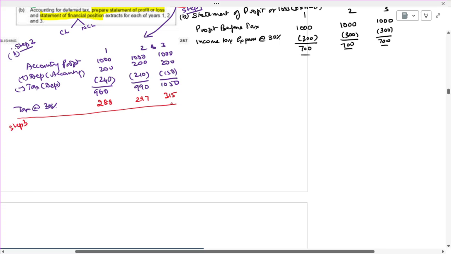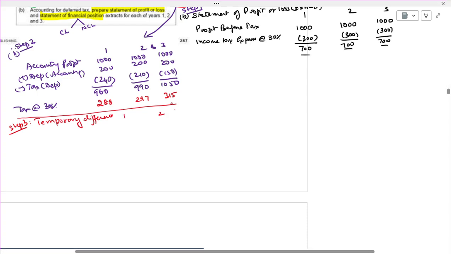Step 3 is the temporary difference. Now, what is the temporary difference? Carrying amount minus tax base.